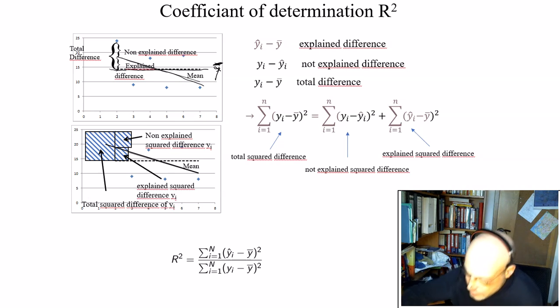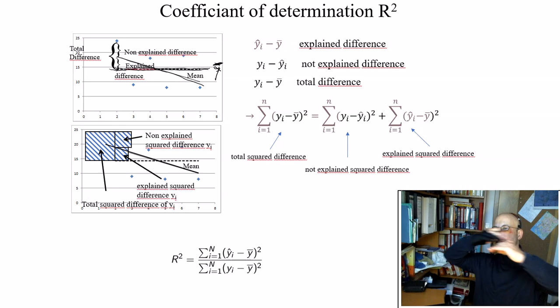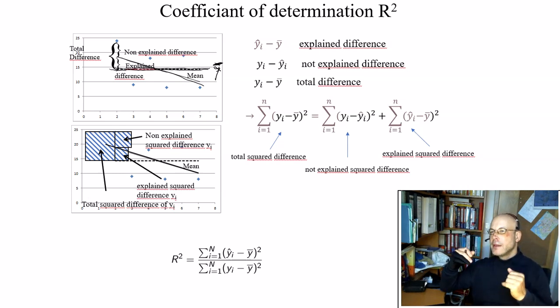If you are turning this horizontal line, which is representing your mean, into the fitted line, then on average your data points are not fluctuating that much around this fitted line compared to your horizontal line representing the arithmetic mean.